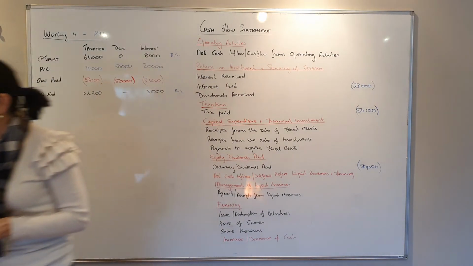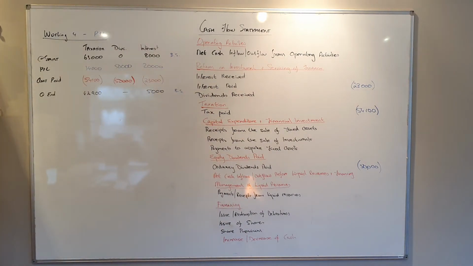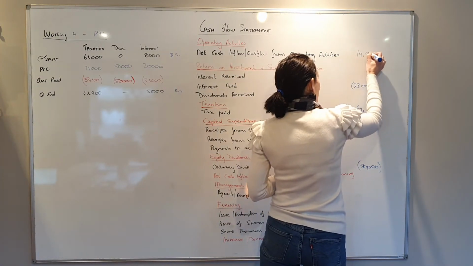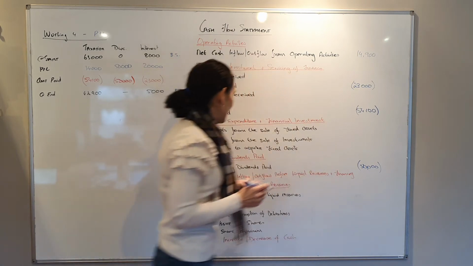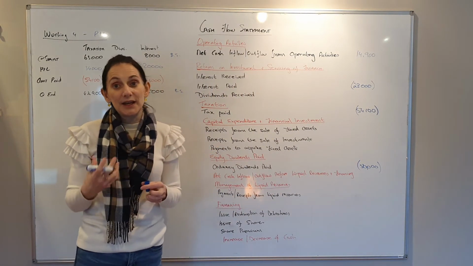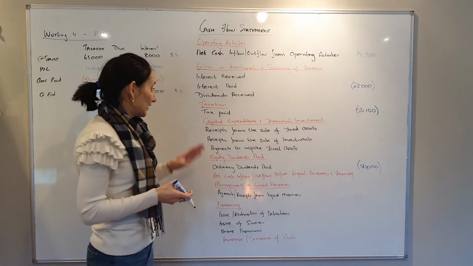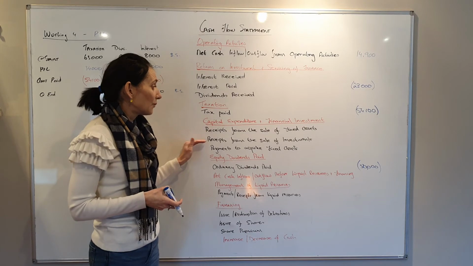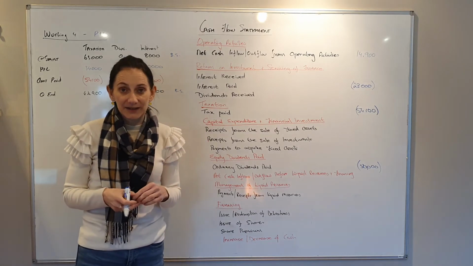Okay, now I'm just going to get the figure from part A, which you had already done. The net cash inflow from operating activities was 14,900. Now I want you to go back to your working on your fixed assets, and I want to see in your workings on your fixed assets, did you get any receipts from the sale of fixed assets, and did you pay any money for fixed assets?